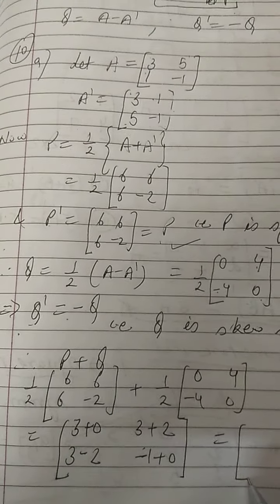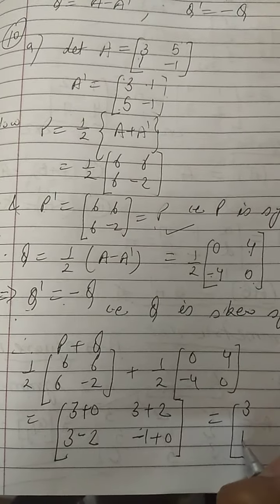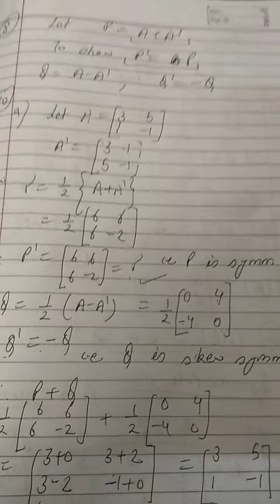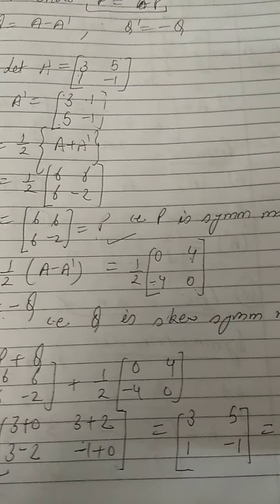So when we solve it, what we are getting here is 3, then 5, then 1, and here it is minus 1. So 3, 5, 1, minus 1, and this is nothing else but it is actually equal to A only.